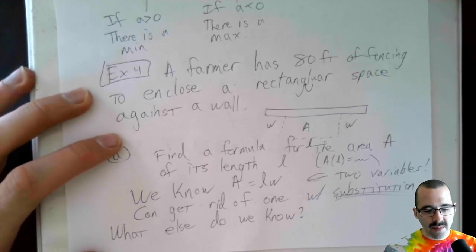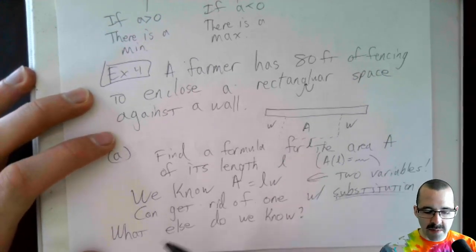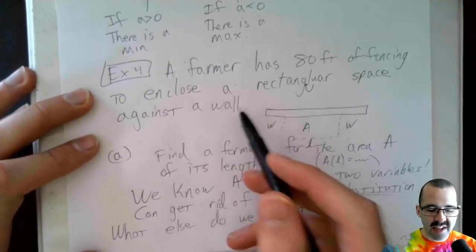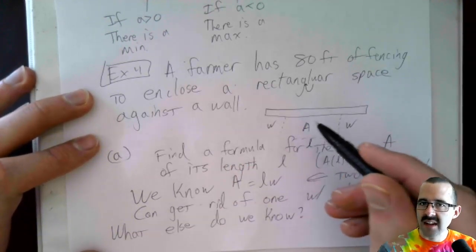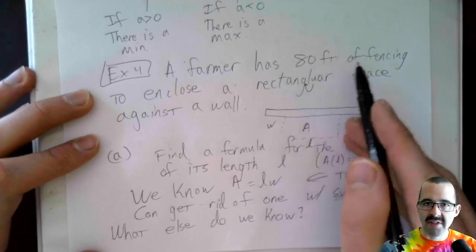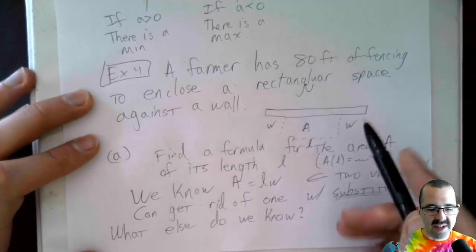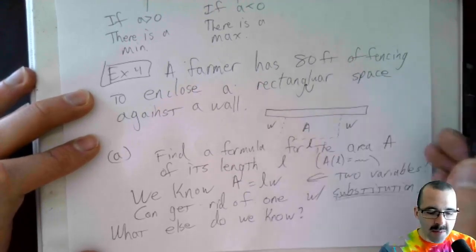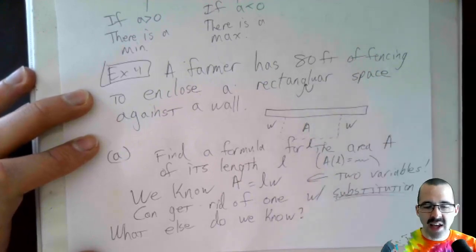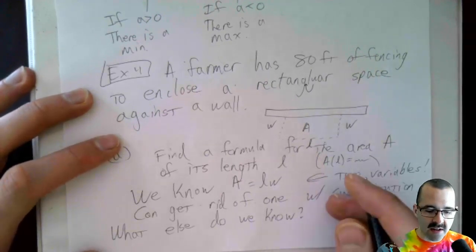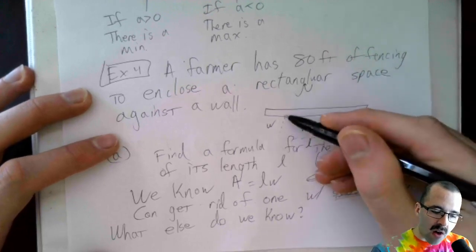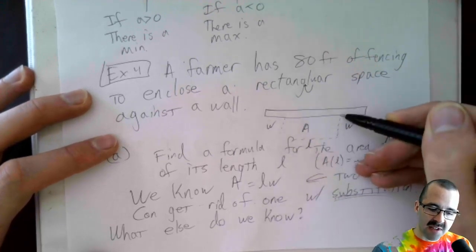So later on in part B, I haven't mentioned it yet, but we are trying to maximize this area. So we want to use all the fencing. Technically, we don't need to use all the fencing, but if we're trying to make it the biggest possible, yeah, we're going to use all the fencing that we can. So we want this plus this plus this, right?